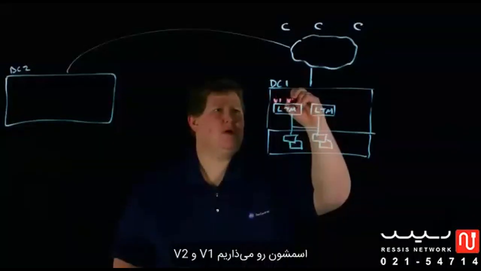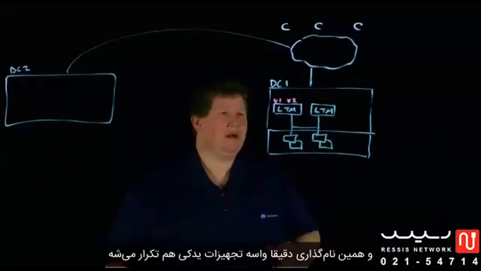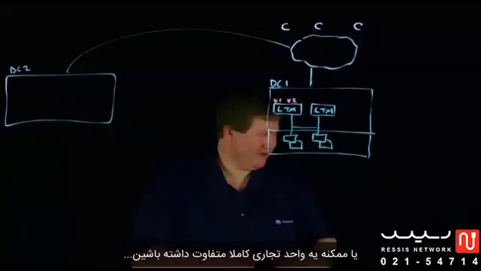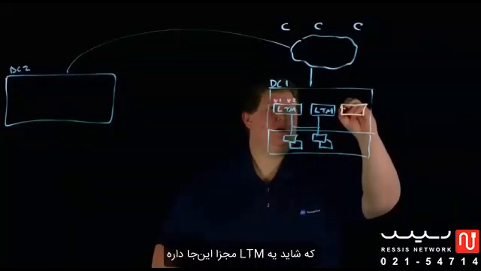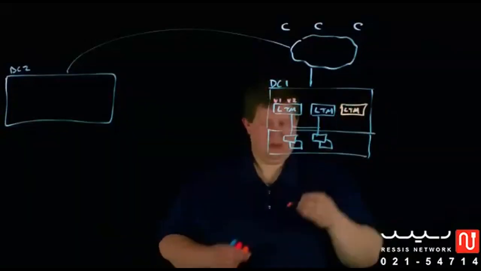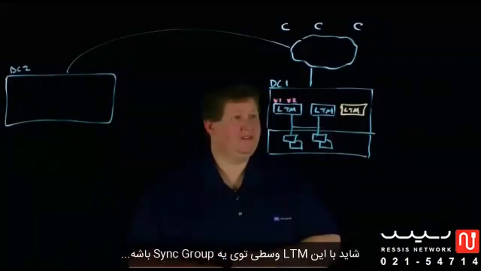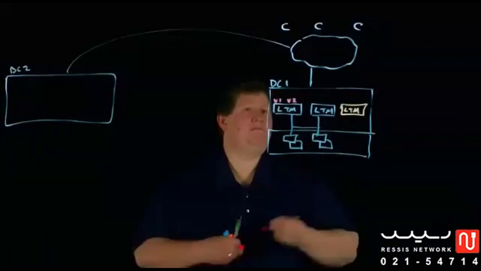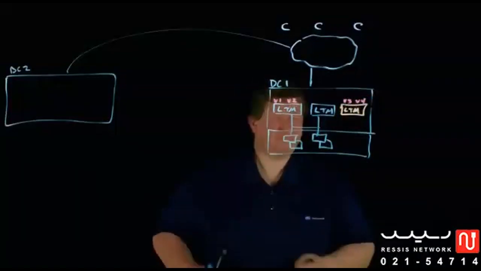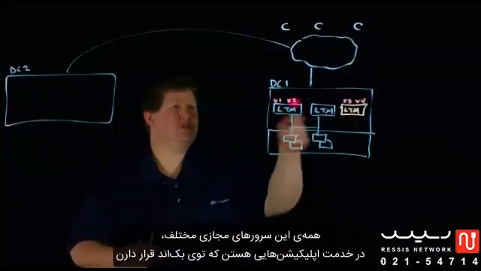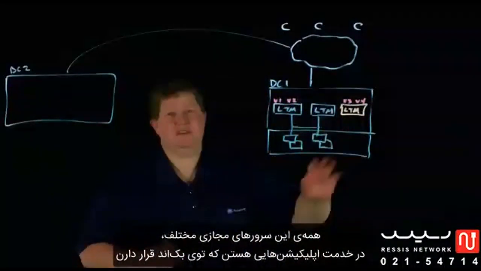So you say V1, V2, and then that's mirrored over here on this standby. Or maybe you have a completely different business unit that has an LTM over here, and maybe that's in a sync group with this LTM in the middle, but you have another V3 and V4. All these different virtual servers exist for any number of applications that sit here in the back end.